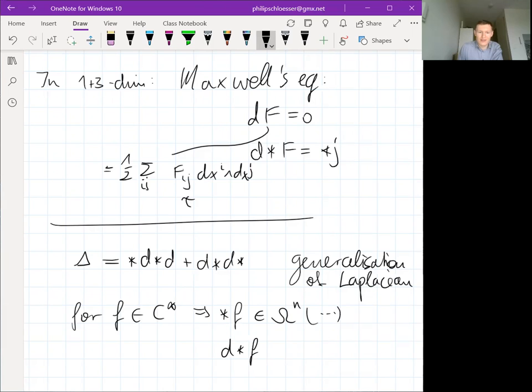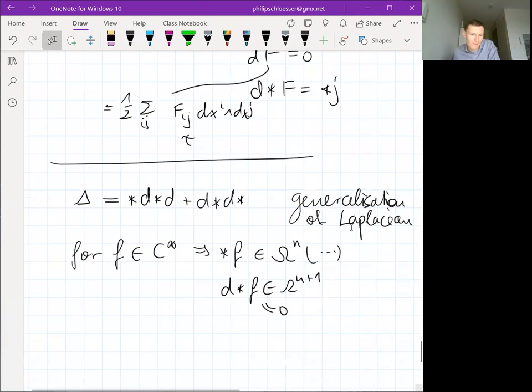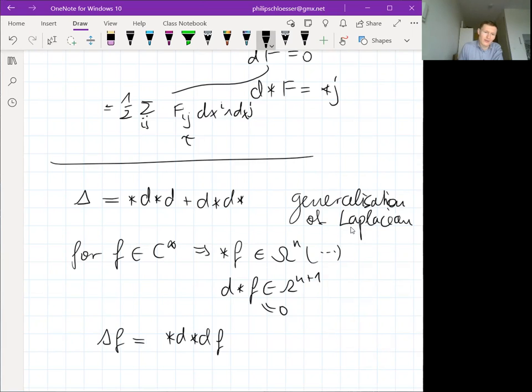But then the exterior differential of that thing is an n+1 form, so it is 0. So then delta of f is just star d star d f. So the divergence of the gradient of f, as was expected.